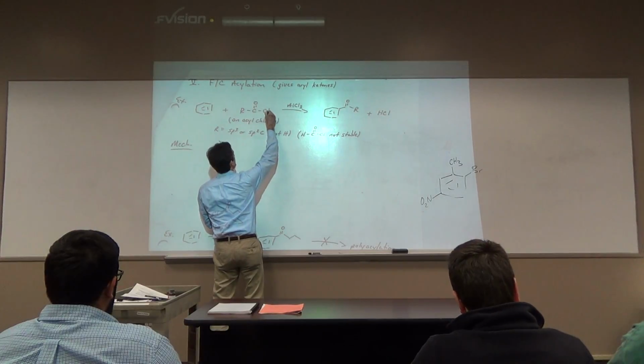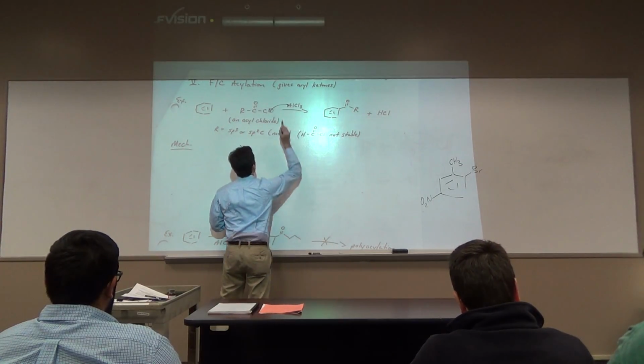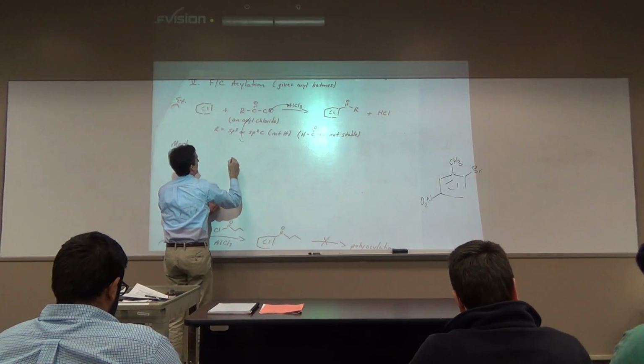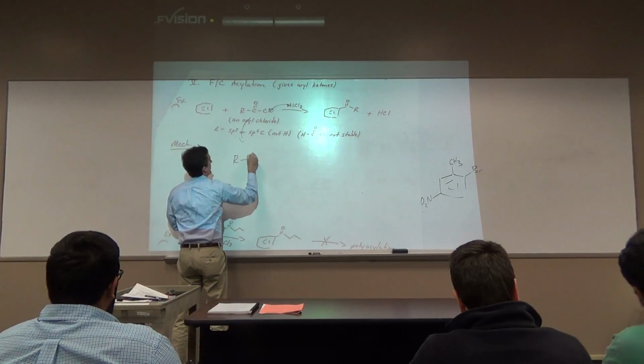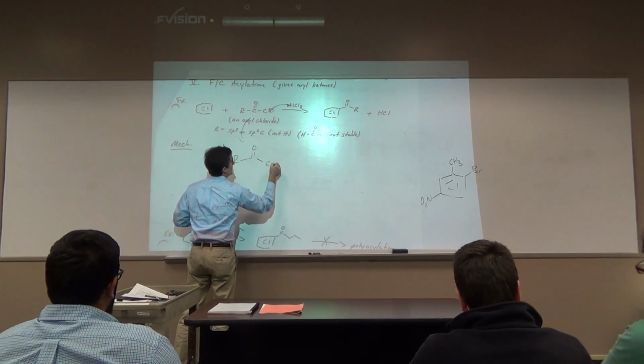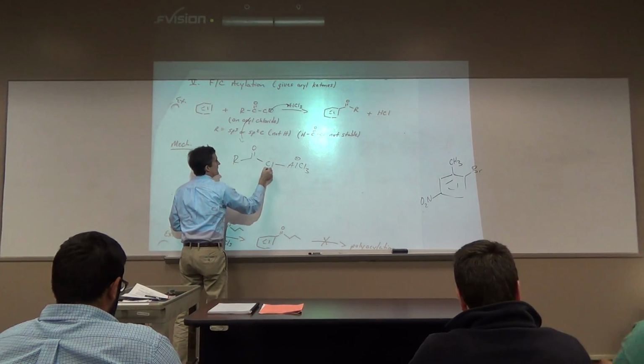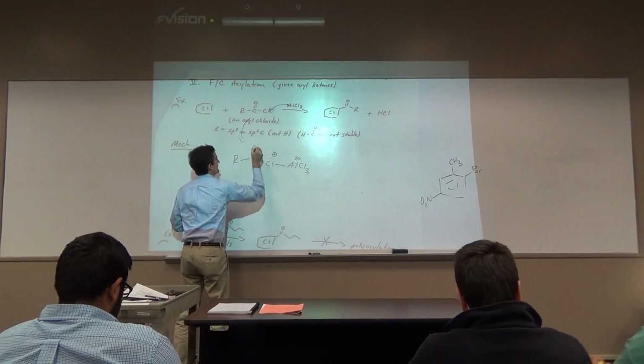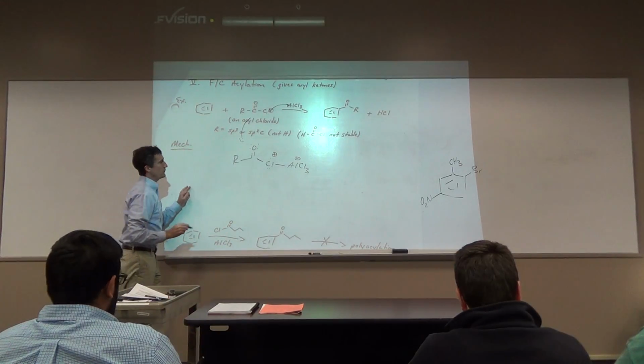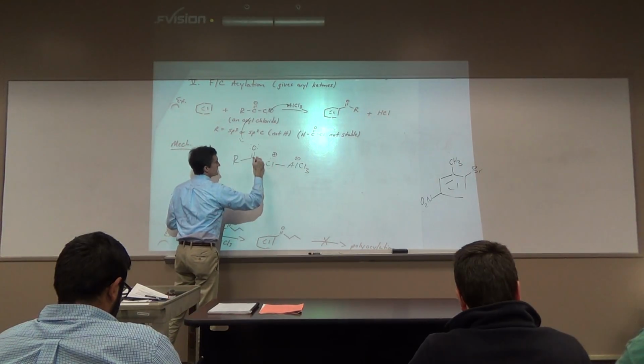The halogen is going to complex with a Lewis acid. And so we get this here. At this point, this chlorine will just leave.